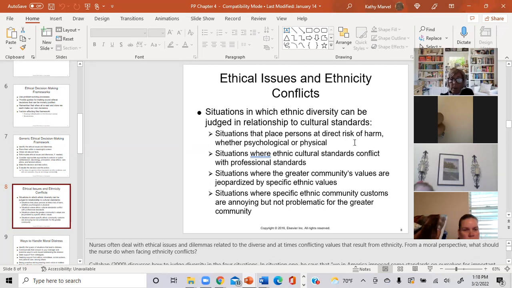What do you do when cultural standards conflict with professional standards? Our goal is to have all kids immunized, right? So situations where the greater community's values are jeopardized by specific ethnic values. Situations where specific ethnic community customs are annoying but not problematic for the greater community.